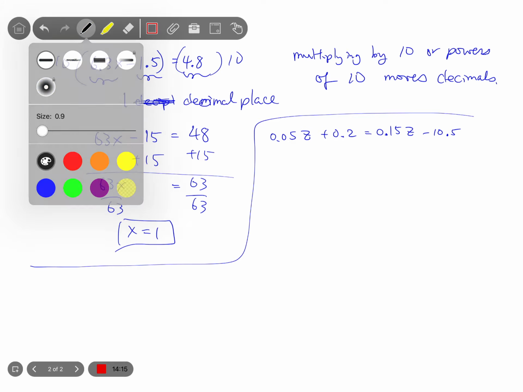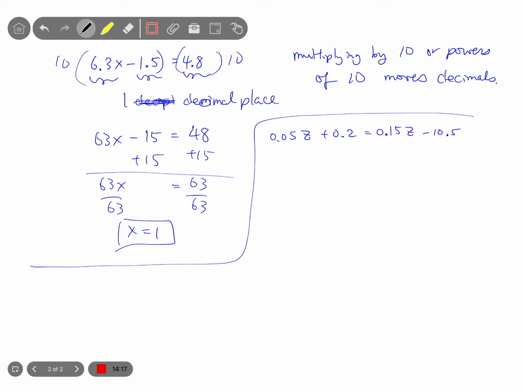So in this case, notice these two terms have 2 decimal places, compared to the other terms, which only have 1 place. Which means if I want to clear the decimals out of everything, I have to move it 2 places, which means I need to multiply by 100.